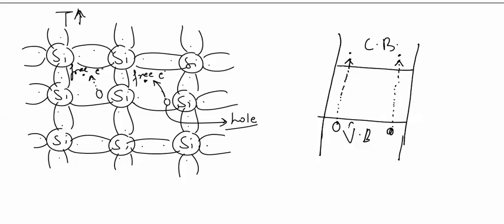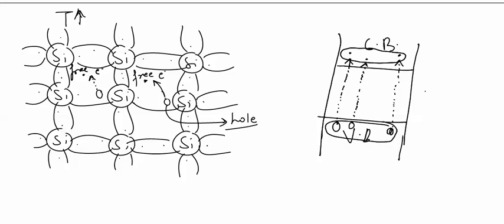Similarly, many covalent bonds will be broken, and now we can see that there are many electrons available in the conduction band, and many holes available in the valence band for conduction.